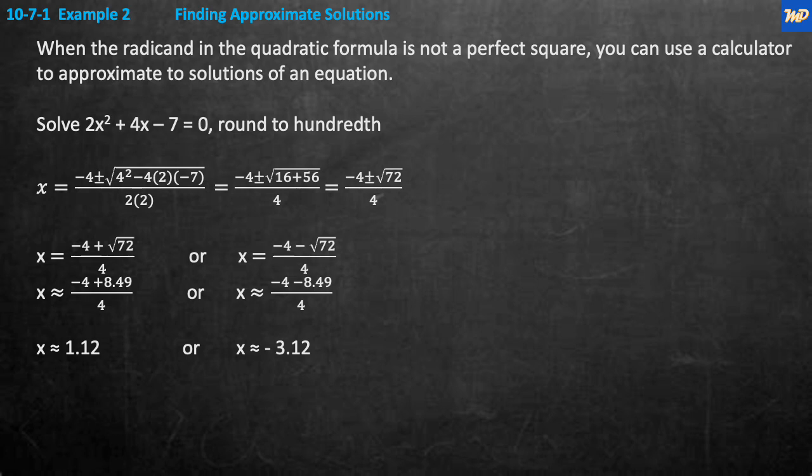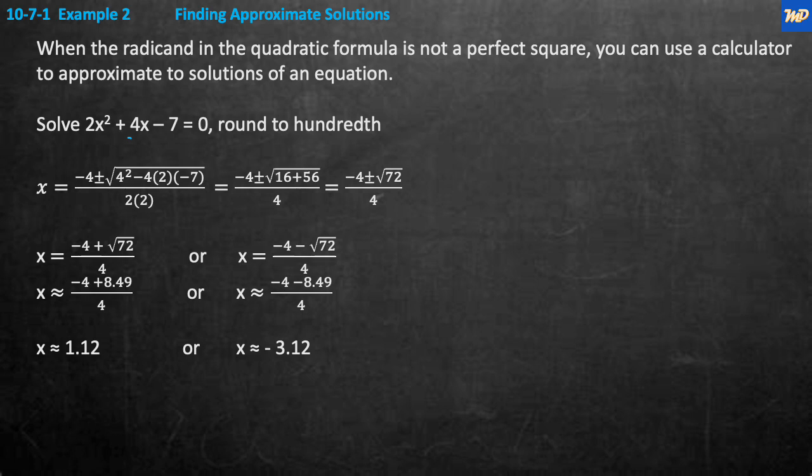So we have to solve 2x squared plus 4x minus 7 equals 0. So we can fill out the equation right away. We can say minus 4, because we have a 4, plus or minus the square root of 4 squared. Oh, I see that we're missing an x right there. I'll fix it after we're done talking about it.